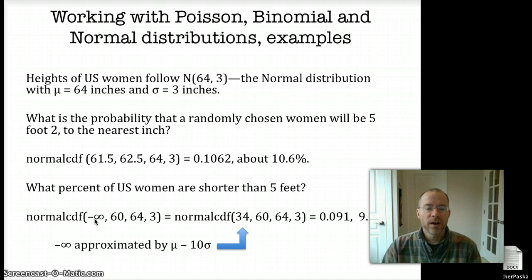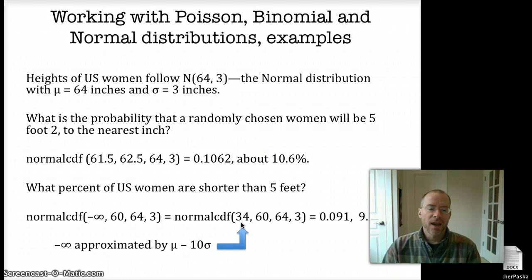The convention that I'll suggest you use is to recognize that essentially no observations are going to be more than 10 standard deviations away from the mean. So you take the mean, 64, and you take 10 standard deviations, multiply 3 times 10 to get 30, and do 64 minus 30, 10 standard deviations below the mean, mu minus 10 sigma, to get 34. 64 minus 30 is 34.